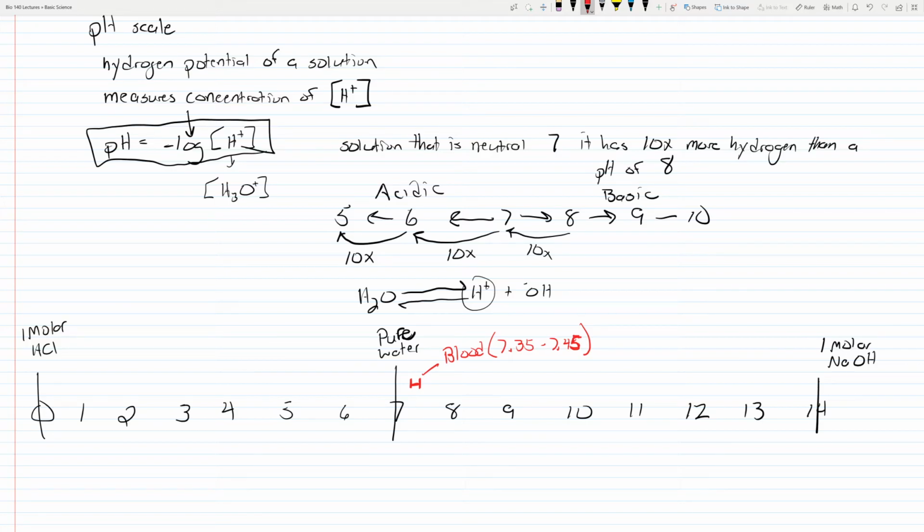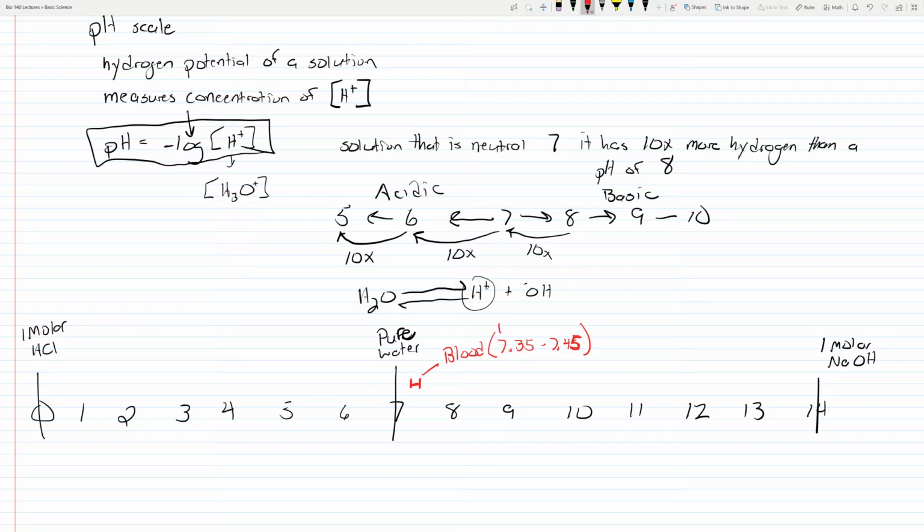Now, other people at the college will tell you that this is the range, and anything below or above that is abnormal. I've seen people below 7.35 and they're perfectly fine, and I've seen people above 7.45 and they're perfectly fine. If they're below 7.3, that's called acidosis.